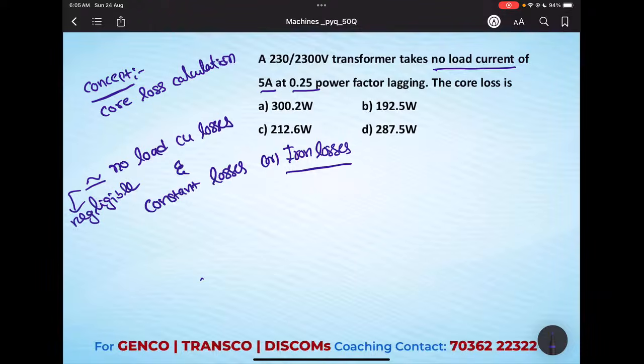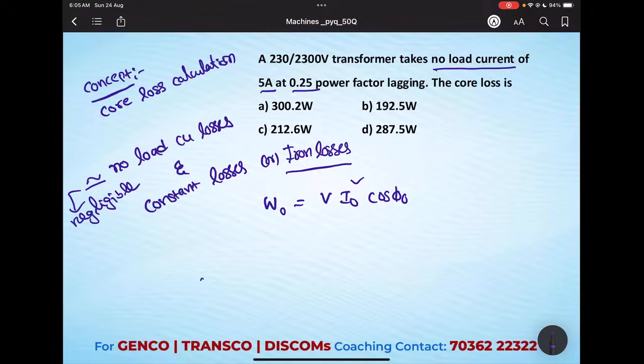So the no load power drawn from the source is written as V into I naught into cos phi naught. Now the no load current is given, but which V do we have to take?